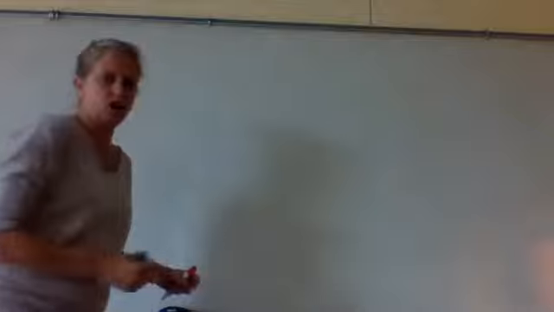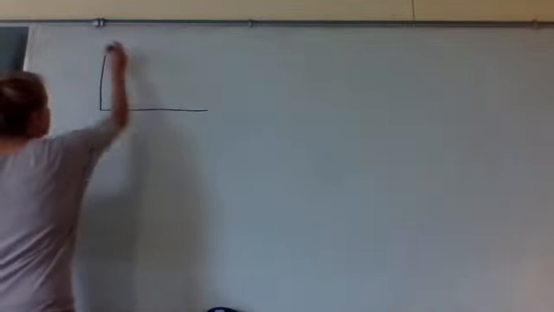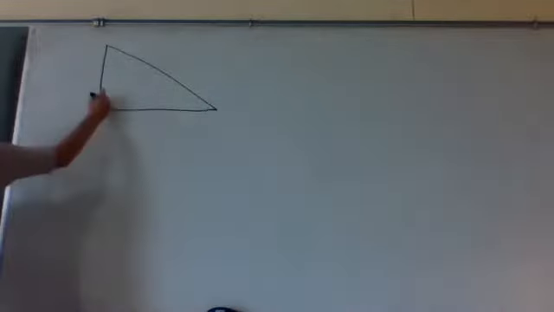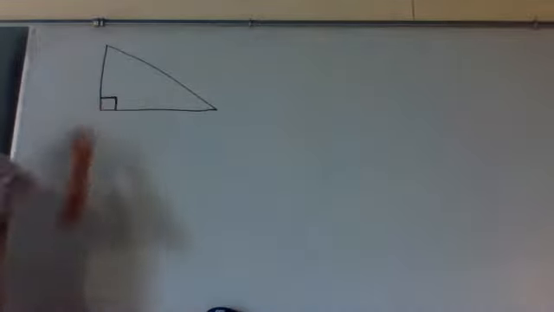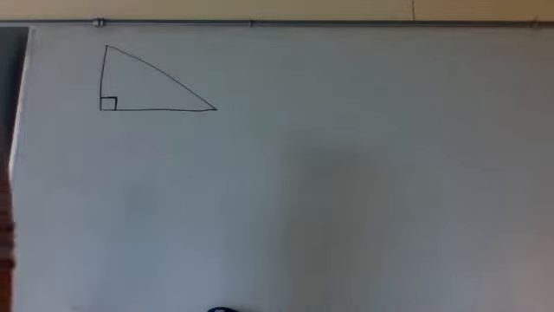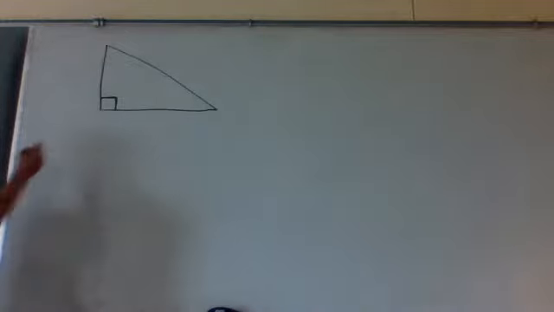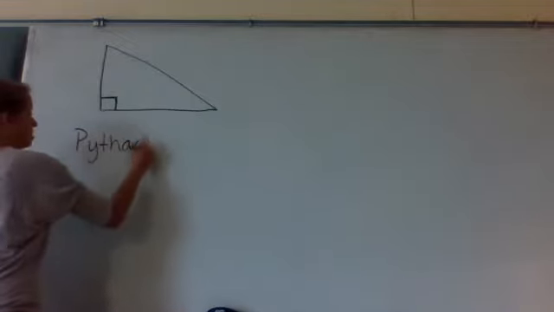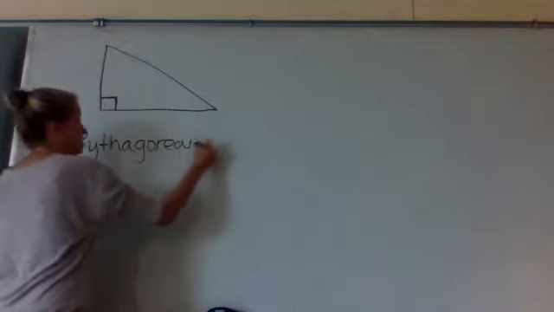Right triangles are triangles that have a right angle. So a 90-degree angle right there. So that's what we're going to be dealing with on these problems. What I know about right triangles is that they go along with the Pythagorean theorem.